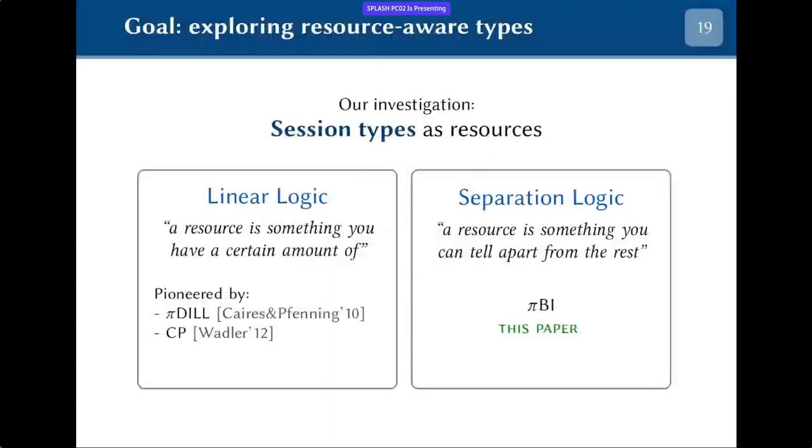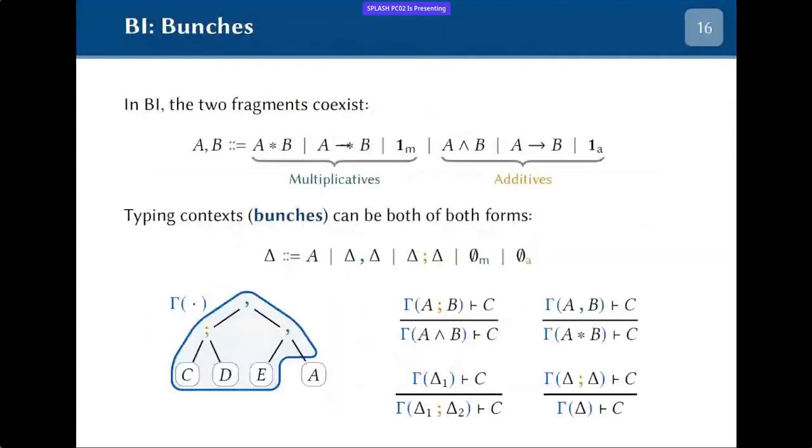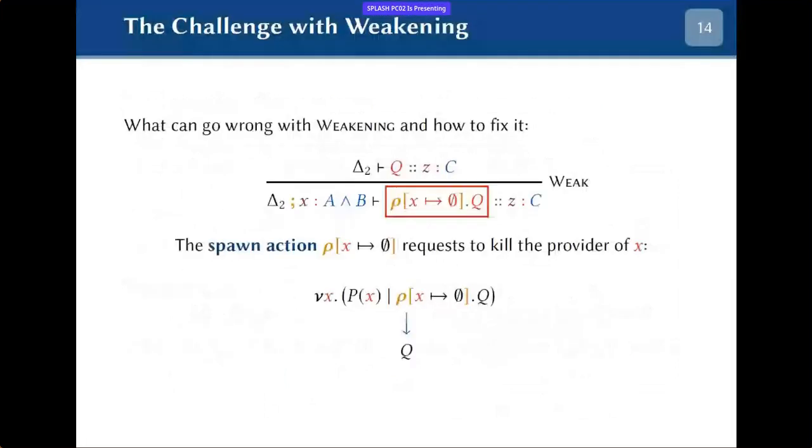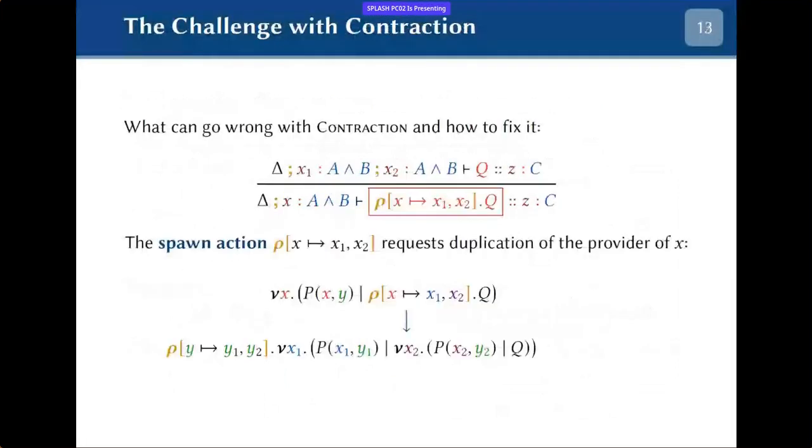The reason is that if you look at how the spawn works, I'm duplicating the process. When I need to use the same channel multiple times, what we want to have is two independent copies of that channel so that we can independently interact with them without creating any deadlock or problem.